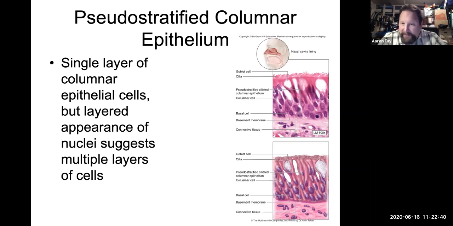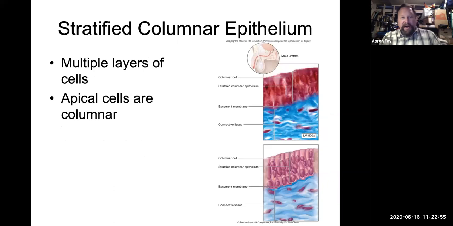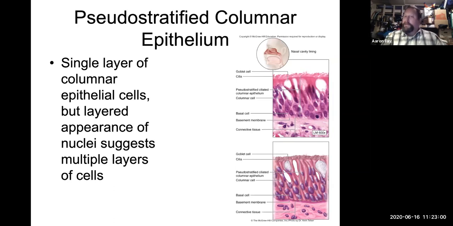Pseudostratified columnar epithelium. This looks like multiple layers of columnar cells, but it is not. It's actually one layer of cells that have this kind of jagged appearance. Now, how do you tell pseudostratified from stratified? Well, if you think you see multiple layers of nuclei, you should ask yourself, does it have cilia? If it has cilia, remember, cilia means pseudostratified.